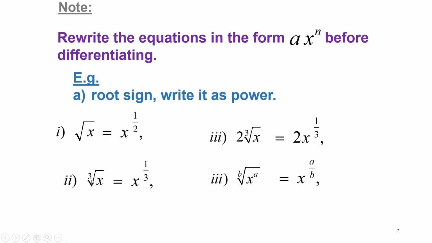Same here, you have 3 here, so this 3 is b, so b will go in the denominator. And you have an invisible 1 here, so the invisible 1 is a, it goes where? In the numerator, so this 1 will go in the numerator. That is why we have x power 1/3. So this is how things work. It works according to this identity here.